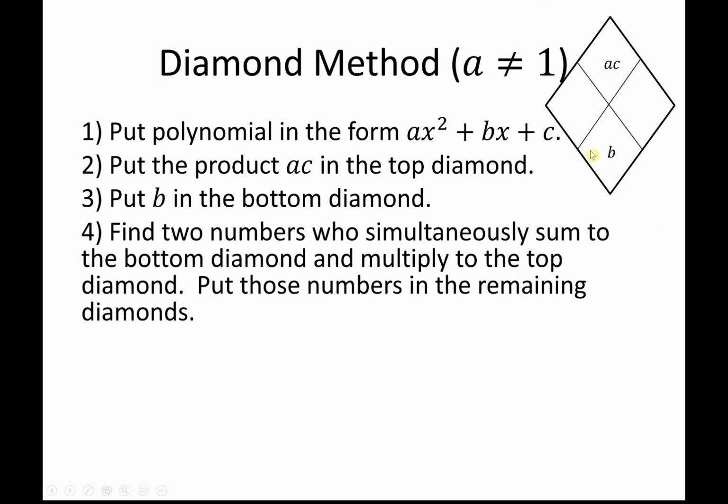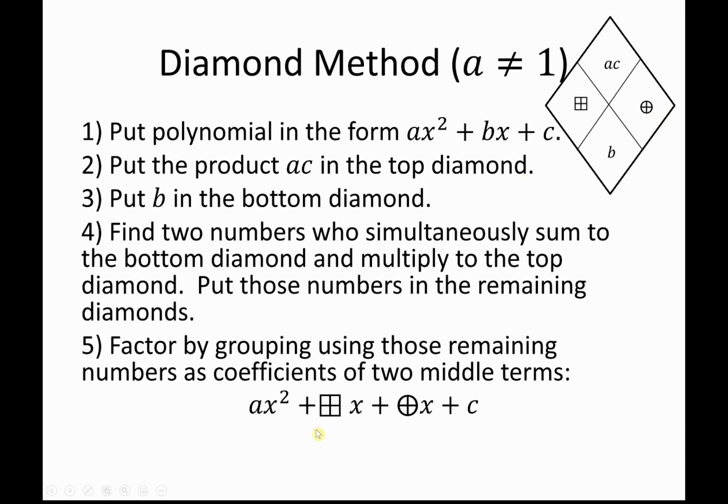So generically I put these symbols in here, and then you're going to use them to not write directly the factored form. You're not done here. When the a value is not 1, you have still more work to do. You need to use these two coefficients to do what I like to call splitting the middle term, okay? That bx is equal to box x plus circle target x, okay?